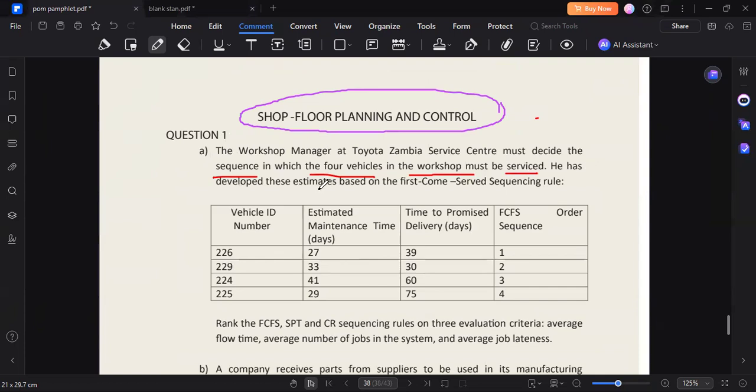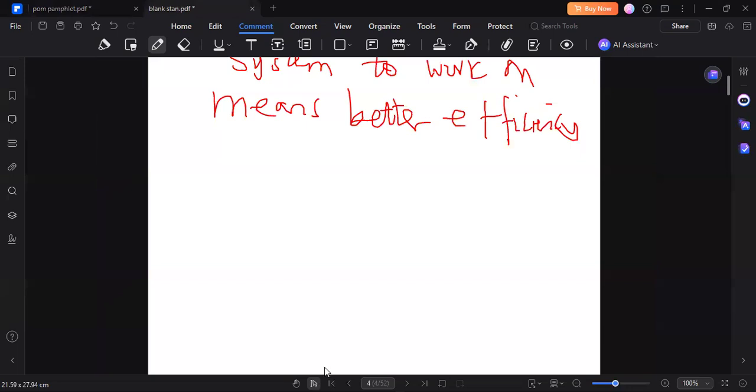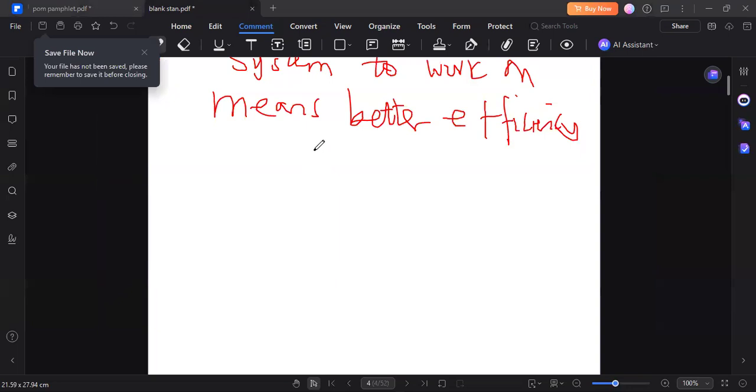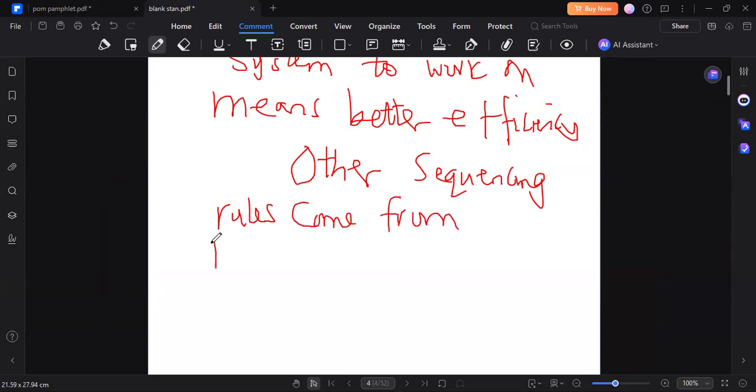He has developed these estimates based on first come, first served. So with the exam, they'll give you the first come, first served. Then the other sequencing rules come from first come, first served, so take note.